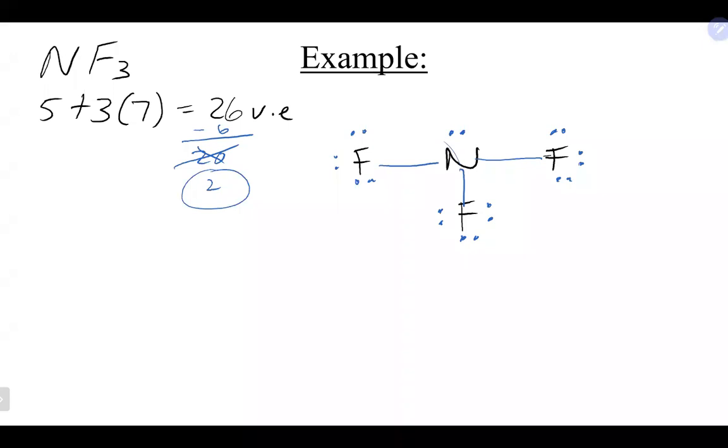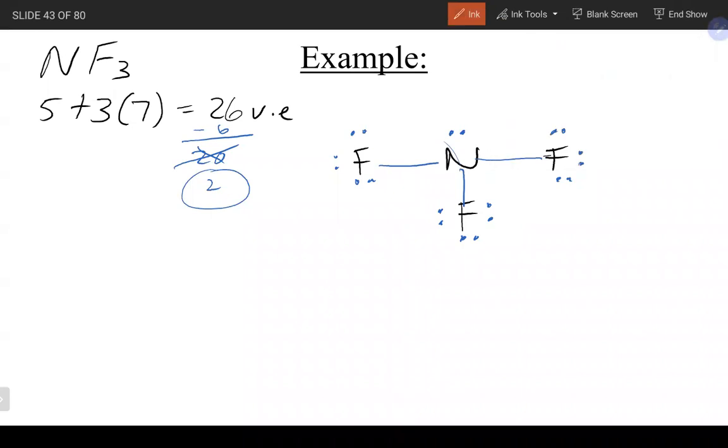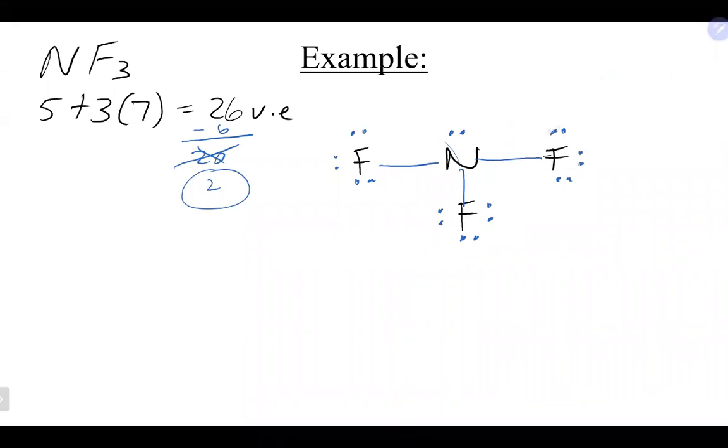The last thing we want to do is make sure that everybody has met the octet rule. Each of the fluorines is identical: 2, 4, 6, 8. Nitrogen has 2, 4, 6, and 8. Everybody has 8 valence electrons around it.